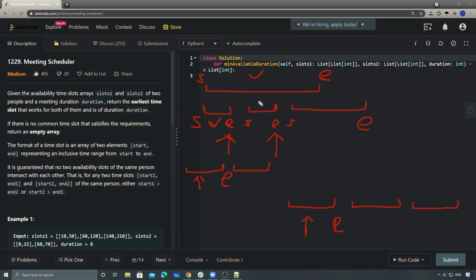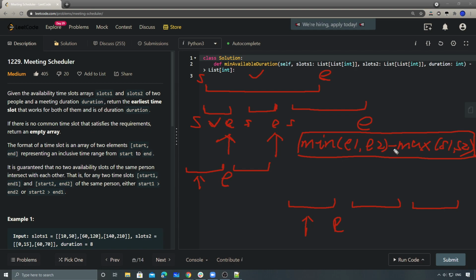And so how can we find the intervals? For the intervals, we have a trick. We can always do the minimum of the ending 1 and ending 2, minus the maximum of the start 1 and start 2. Basically this is the trick to calculate the overlapping section for two intervals.